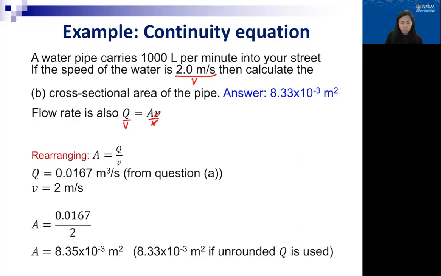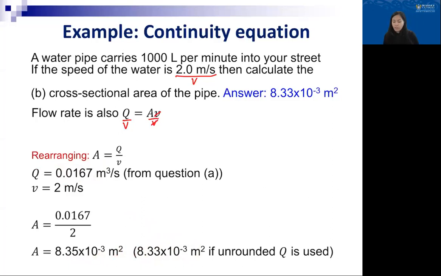And so we're able to find the area to be, if you use the rounded flow rate, 8.35 times 10 to the minus 3 square meters. I would suggest using the unrounded flow rate, so you have an area of 8.33 times 10 to the minus 3, because we will be using this area in the succeeding questions.